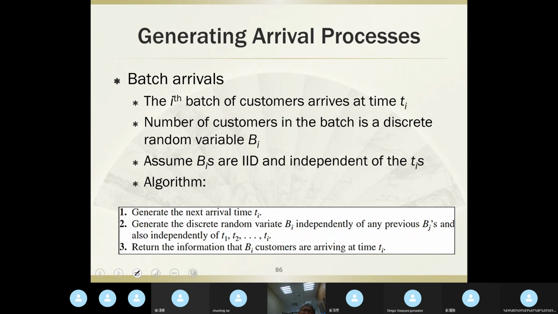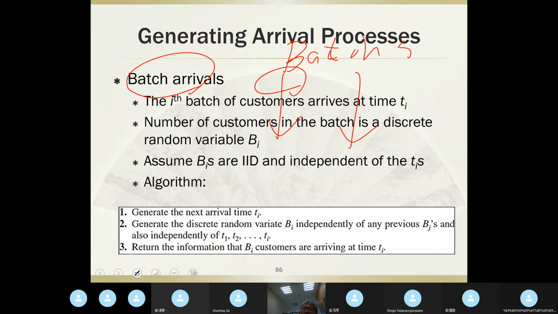And that you guys know this already, batch arrival. So you have the arrival time instant, but you have the batch size for the arrival time instant. The batch size, you just follow some specific distribution. For example, you can have the batch size, the discrete random variable B_i, and generate B_i using the previous algorithm, and along with the Poisson, so that you can have the batch Poisson.